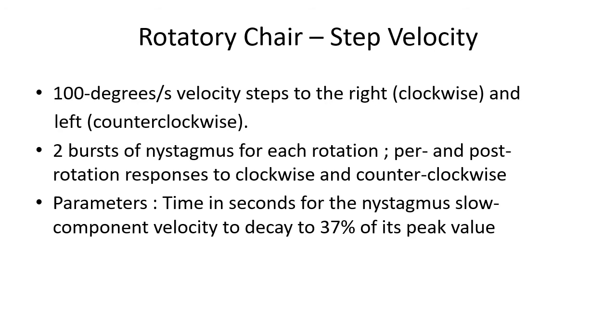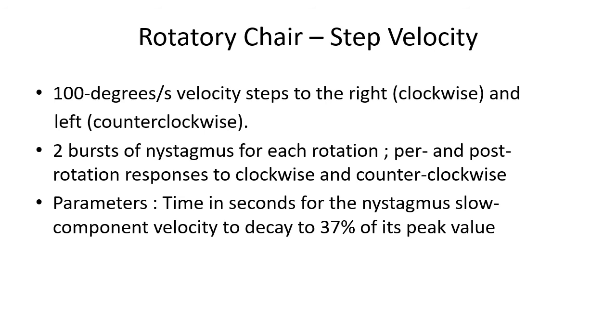The examiner will measure the time it takes for the nystagmus to decay in each direction of rotation, or the peak nystagmus response. The entire procedure is performed both clockwise and counterclockwise, with 2 bursts of nystagmus for each rotation.